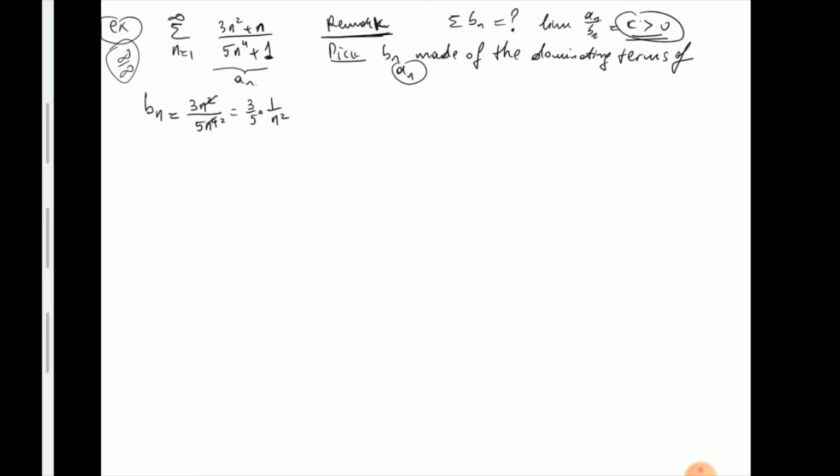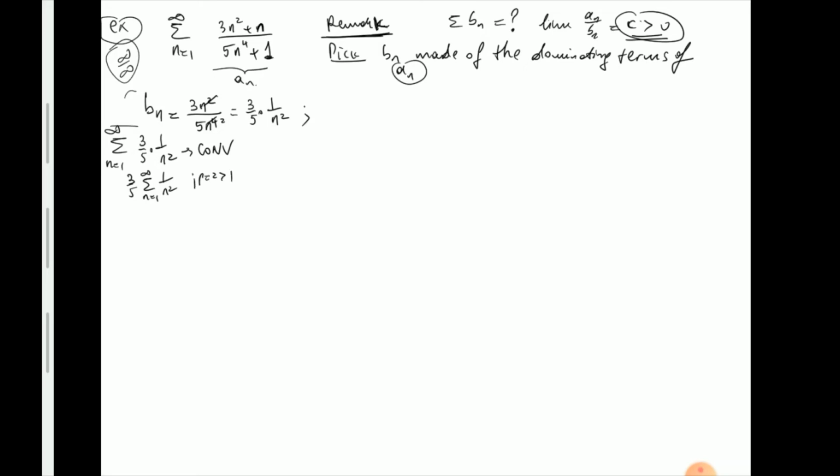So let's go slowly with the limit comparison test. Once you pick Bn like this, I'm going to pick the summation from 1 to infinity of 3 over 5 times 1 over n squared, for which I know it's convergent because it's 3 over 5 times a p-series with p greater than 1.